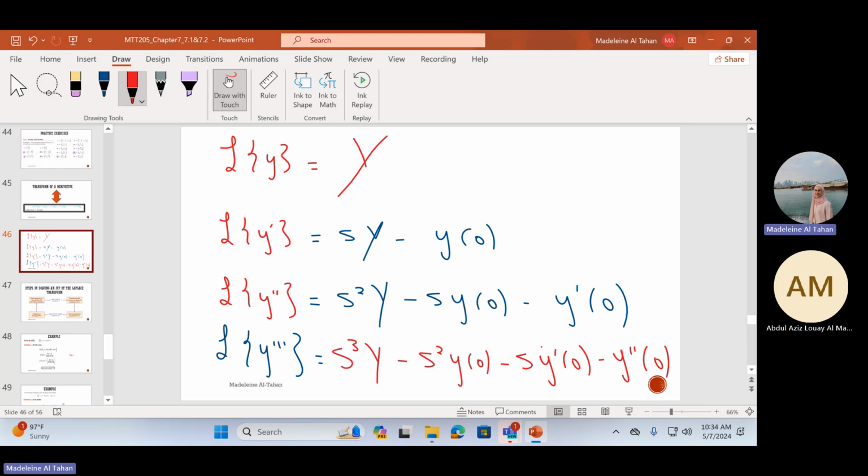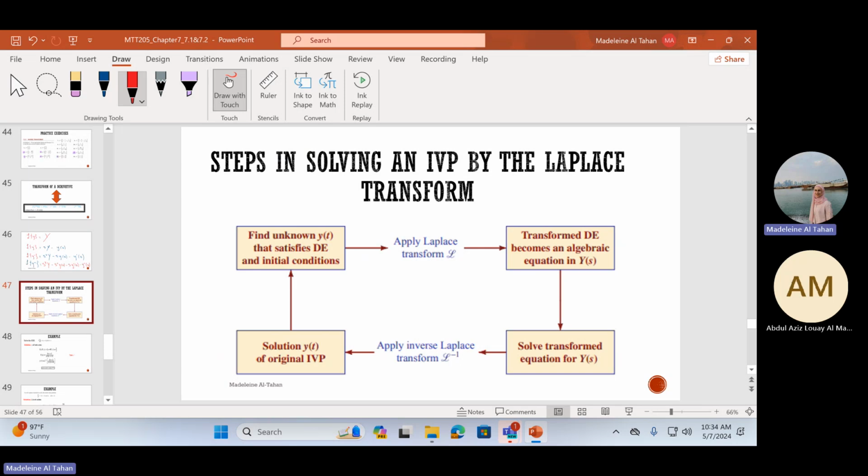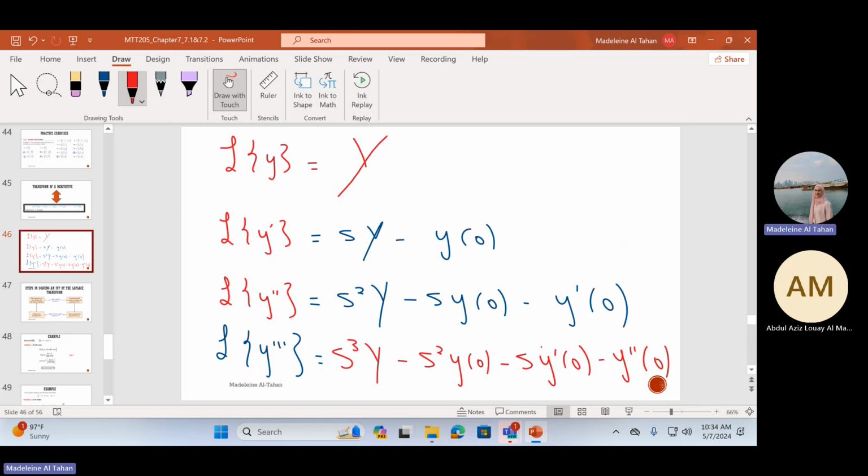Now again, our main objective is to solve an initial value problem using Laplace transform. How will we do that? We are given the initial value problem. First step, apply Laplace transform. When we apply Laplace transform, the y prime becomes in terms of capital Y, and y of 0 is a constant, right? The y double prime becomes capital Y and constants. So basically, do we still have derivatives when we apply the Laplace transform?